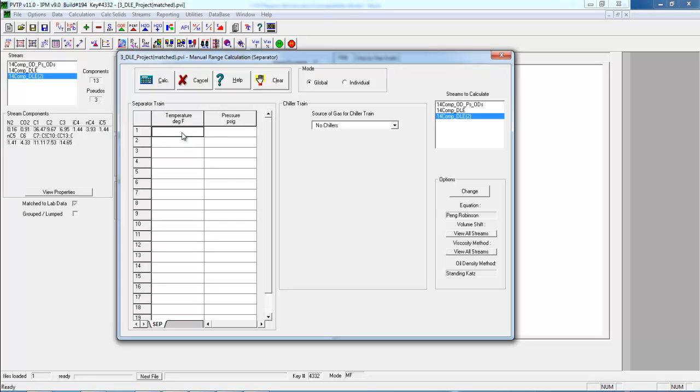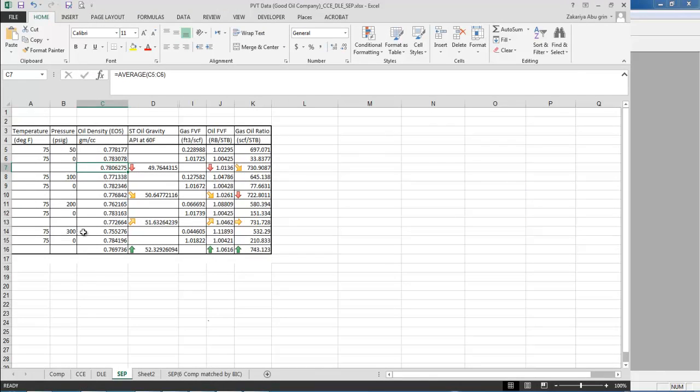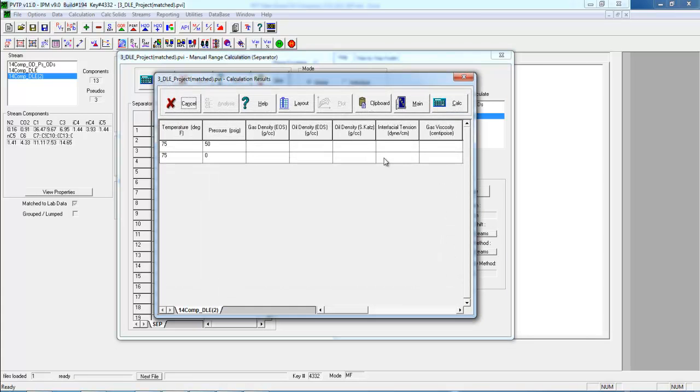So now we will enter the first stage according to PVT data. In the first stage, the temperature is constant, but here we go from 50 to 0. I've already prepared this data in this sheet, so I can just copy paste and calculate.